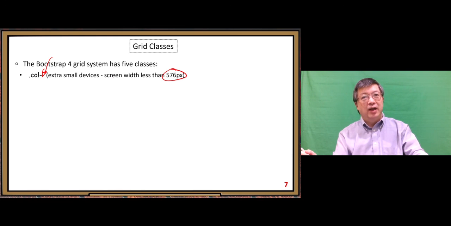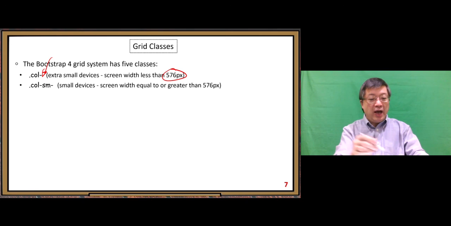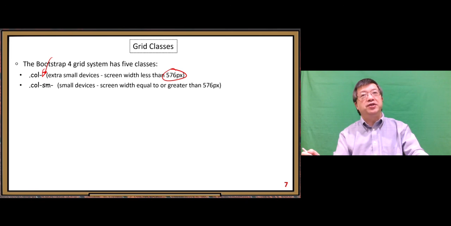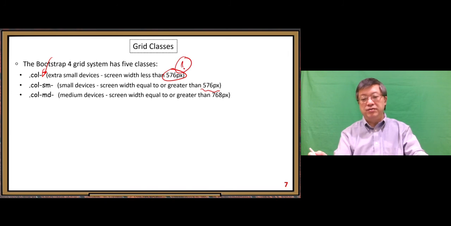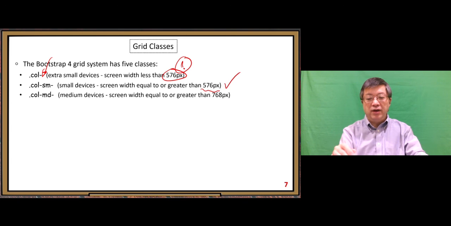Then next one, sm, small device, followed by the same number. One of these numbers must be false, because extra small should be much smaller than this.